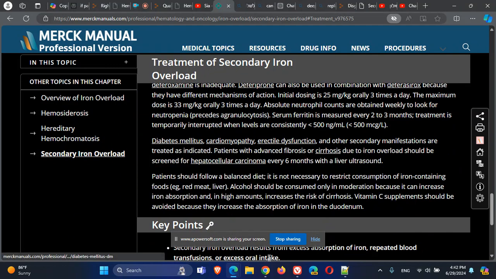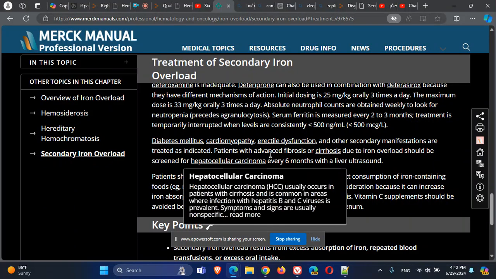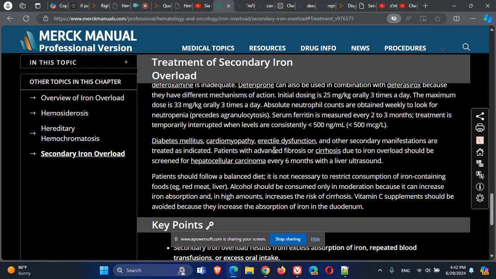So the idea of iron chelation is to remove or reduce the risk of the complications that we discussed. If there is cirrhosis, you should screen for hepatocellular carcinoma with liver ultrasound every 6 months.